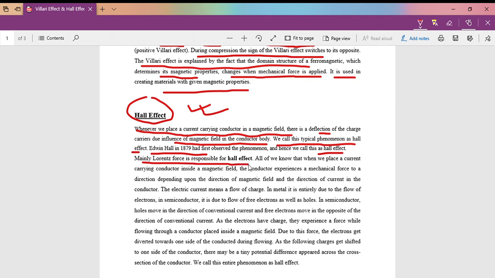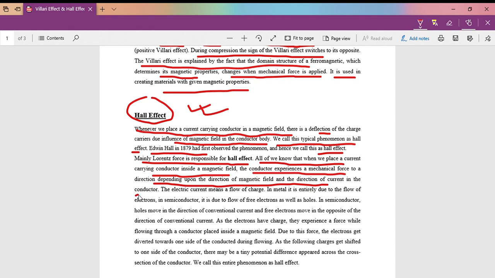That means the force on a current carrying conductor when it is placed inside a magnetic field. It is known to us that when we place a current carrying conductor inside a magnetic field, the conductor experiences a mechanical force in a direction depending upon the direction of the magnetic field and the direction of the current in the conductor.